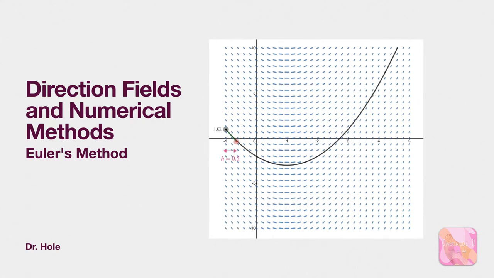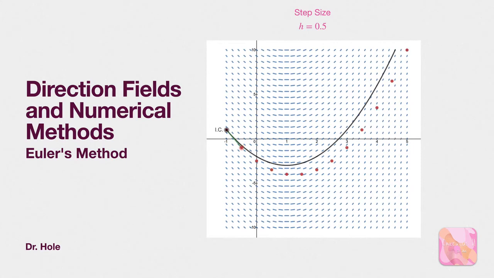Okay. Well, let's introduce notation lowercase h to be the difference in x values between the initial condition and the red dot. And we're going to term that h the step size. So now at this red dot, we can determine the instantaneous rate of change and use it to produce a second red dot. And so forth and so on.